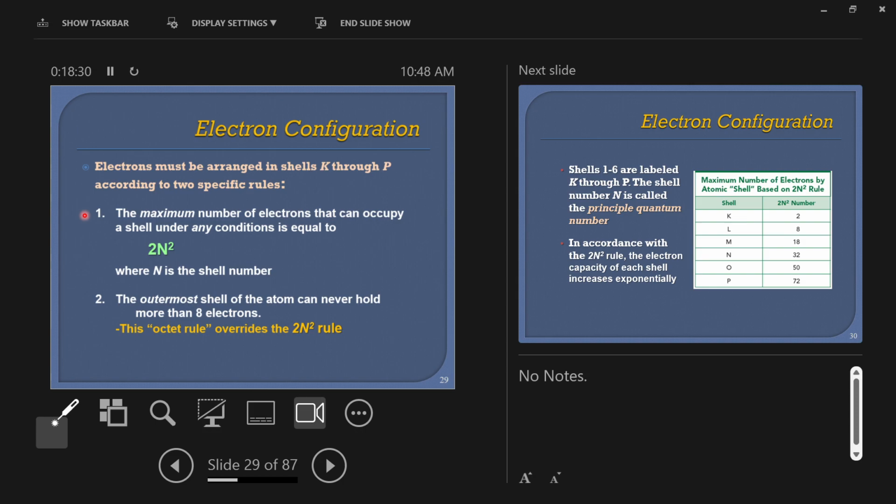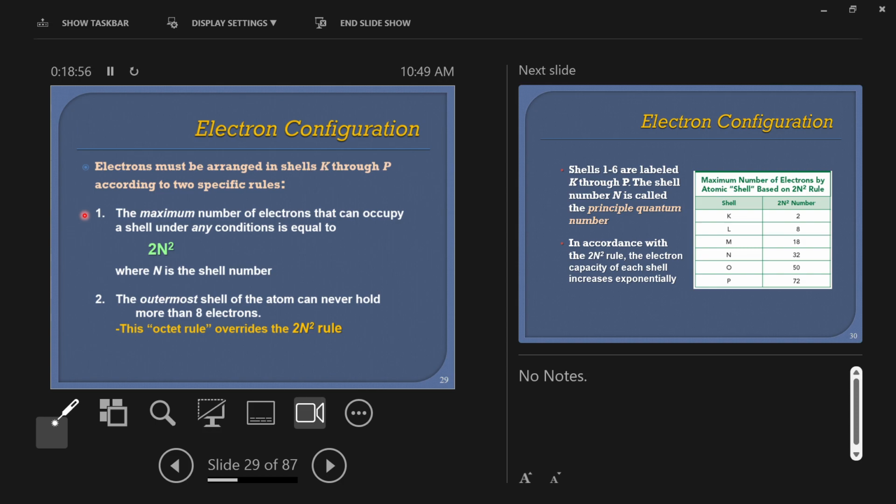What's 2 times 2? 4. So 2 times 4? 8. My answer to how many electrons can fit in the L shell of any atom is 8.